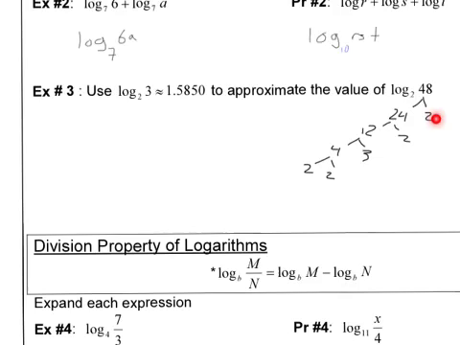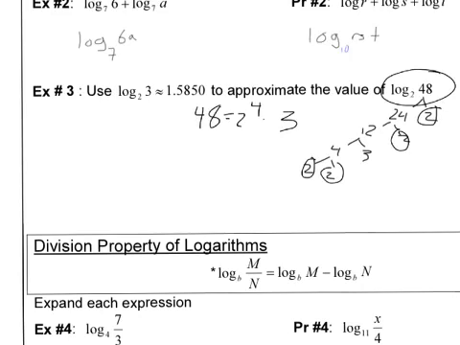So it's safe to say that 48 equals 2 to the 4th power, because there's 4 of them, so 1, 2, 3, and 4, times 3. So that means if I wanted to write this whole log, log base 2 of 48, I could write it as log base 2 of 2 to the 4th times 3.